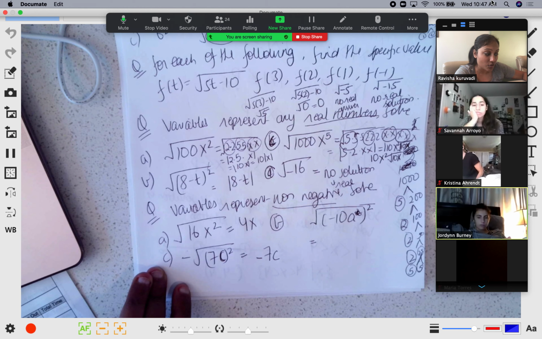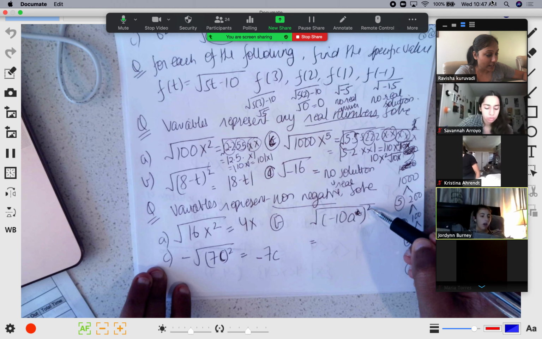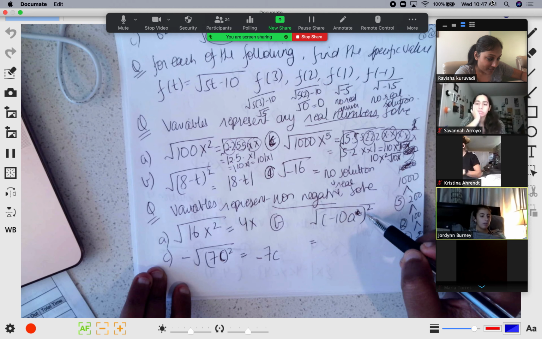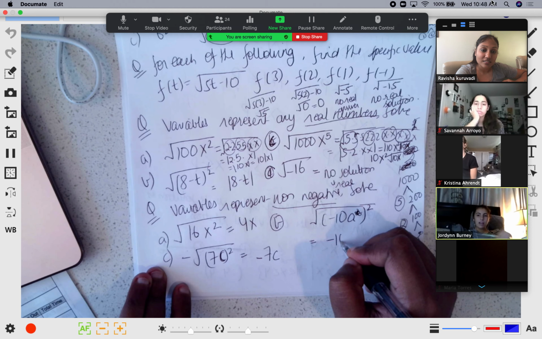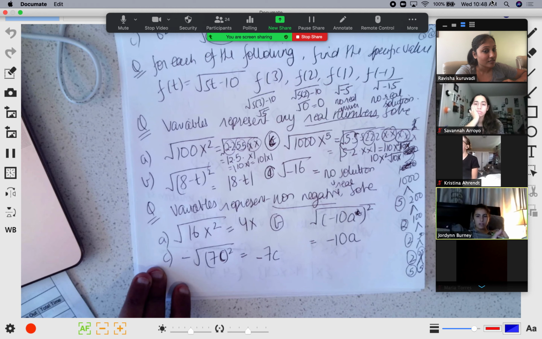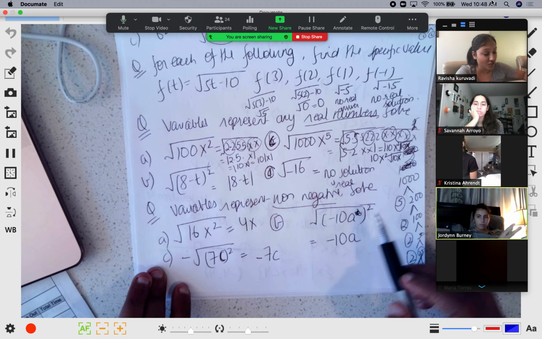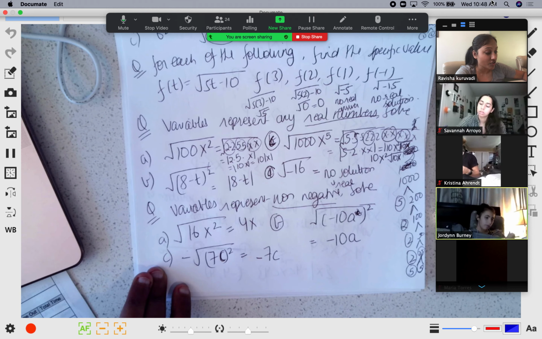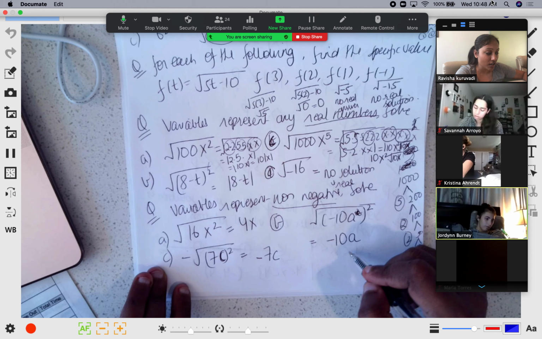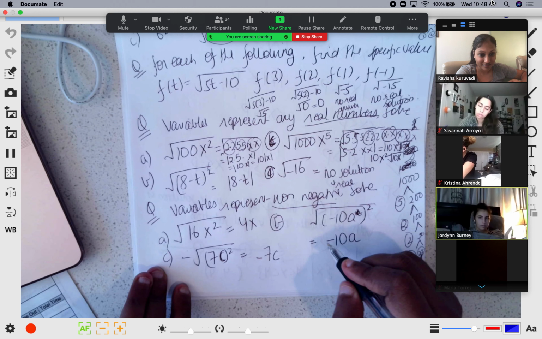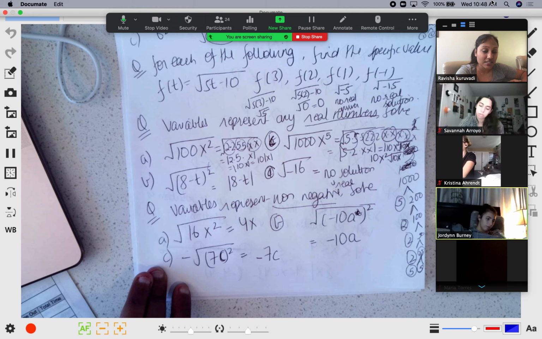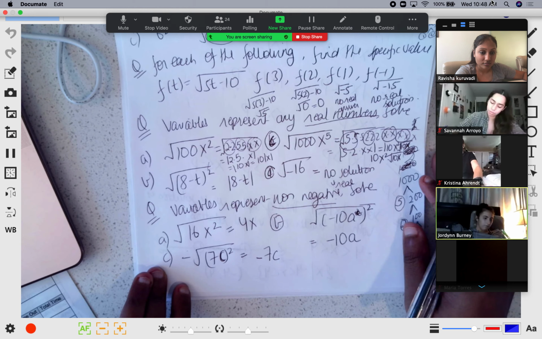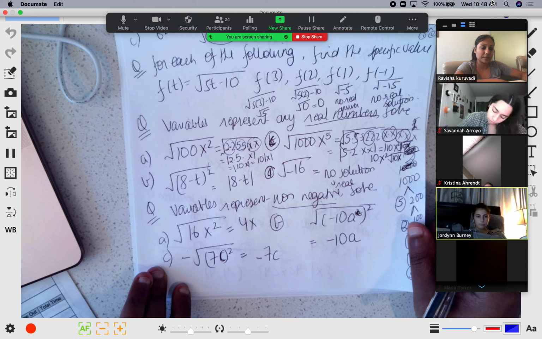They cancel. Wouldn't it be 10A, because negative 10 times negative 10 is 100? In this case, they cancel. Your answer is negative 10A. They just cancel directly. That's the answer. In case it said all real numbers, then you have to put the absolute sign. But since it does not say all real numbers, this is your answer.